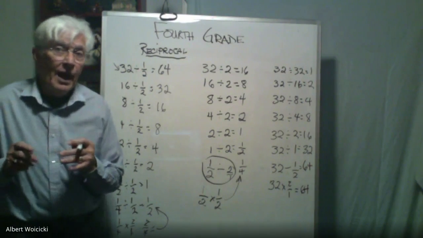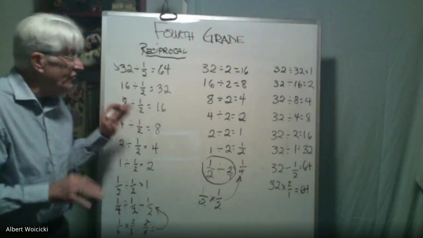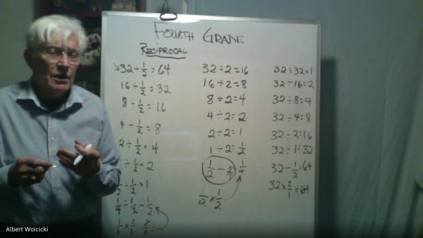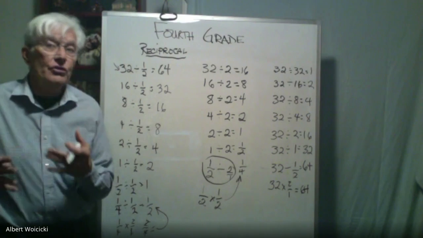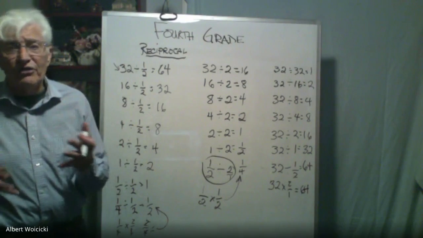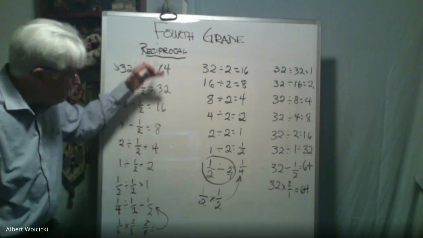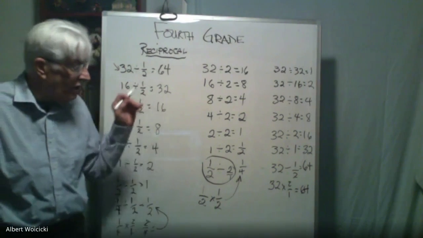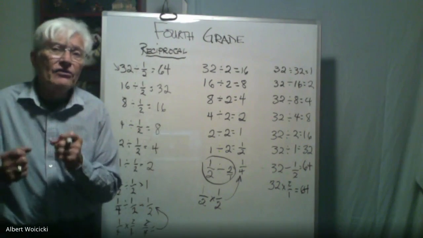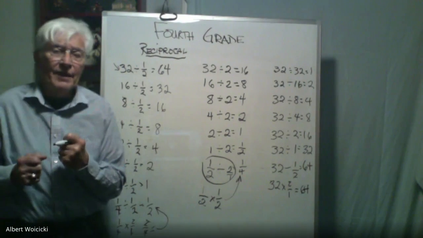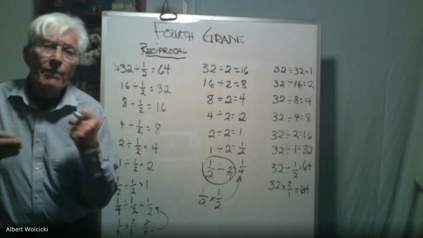So I hope this set of patterns has been of use to you. It's been very useful for my students in the past. And the idea of watching numbers get smaller or larger really makes things more useful for them, and gives them more of a number sense.